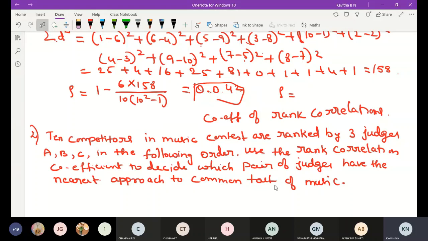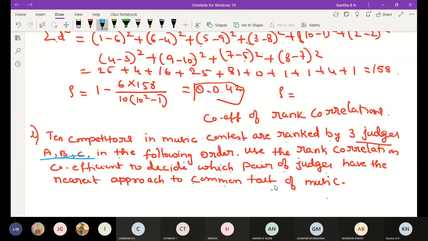Read the question here. Ten competitors in a music contest are ranked by 3 judges A, B, C in the following order. Use the rank correlation coefficient to decide which pair of judges have the nearest approach to common taste of music.